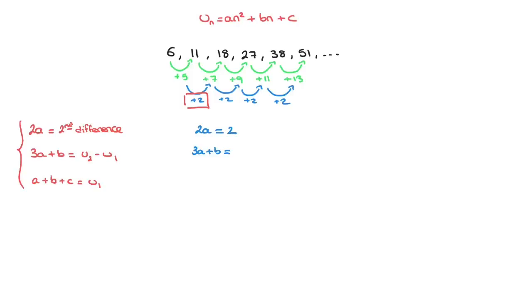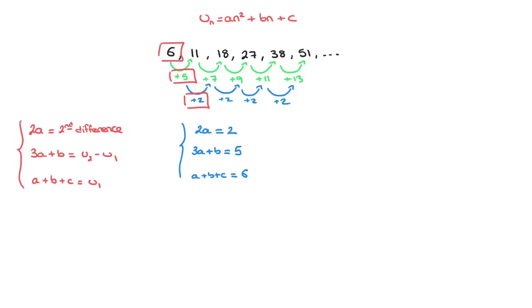All that is this number here, that 5, the first number on the second row of numbers. So I'll just write 5. And finally, the third equation, a plus b plus c, must equal the first term of the sequence. In this case, that's 6. So we go ahead and write 6 here.